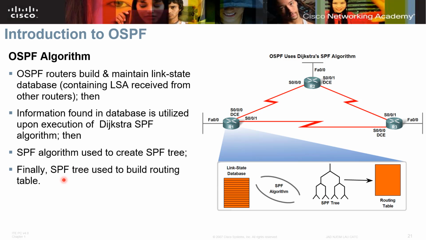Finally, from this shortest path first tree, we build a routing table. These are the main steps of the open shortest path first algorithm: building a database, generating the shortest path first tree, then running the Dijkstra algorithm to build a routing table. Any questions?